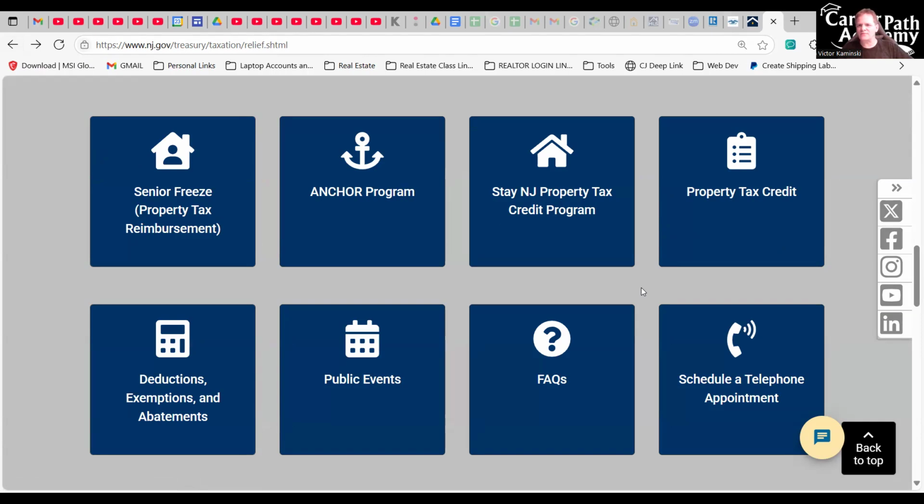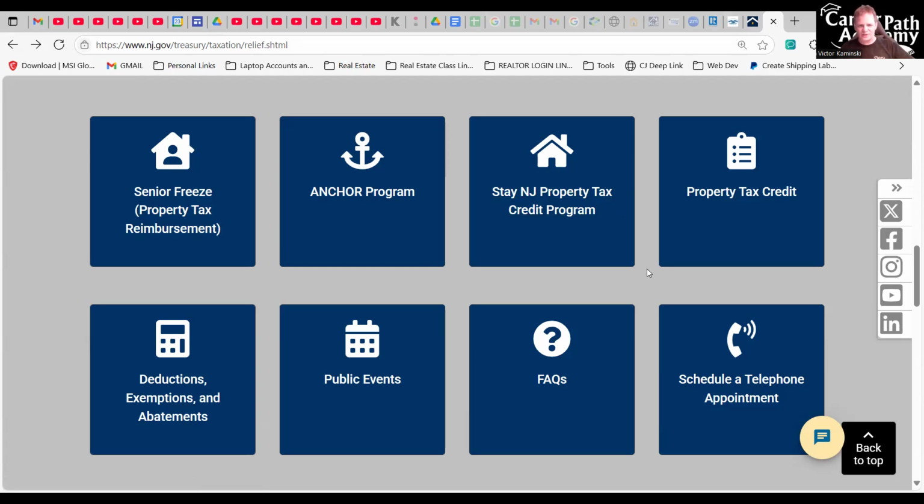Say, hey, are you 65 or older? Have you filed for the Senior Freeze program? You make under $500,000, you could qualify for the New Jersey tax credit program. Or you guys can try to spread the word even more, because the government's not trying to get the word out for the savings for people. So put this on your blogs, on your own real estate websites.